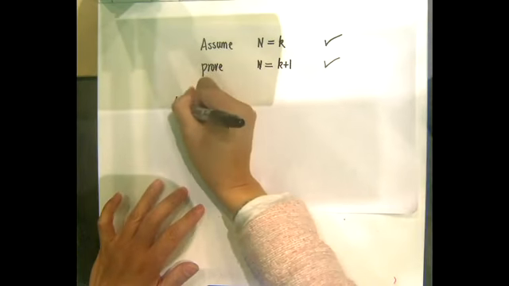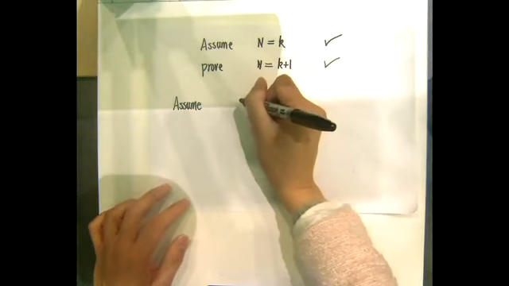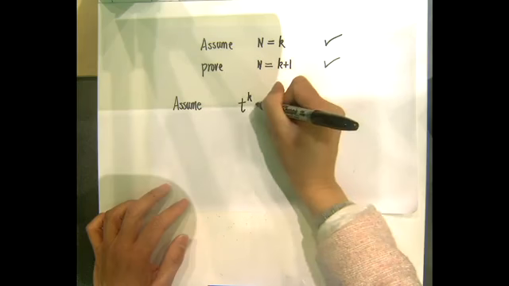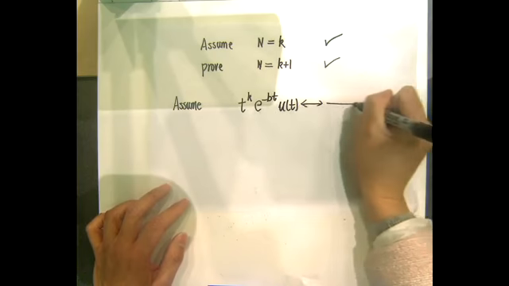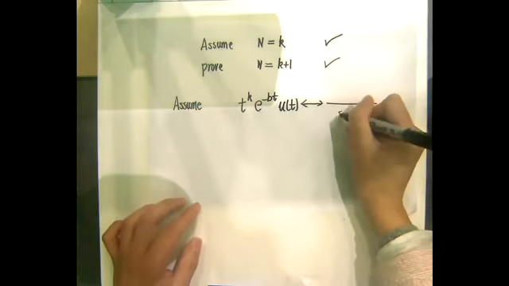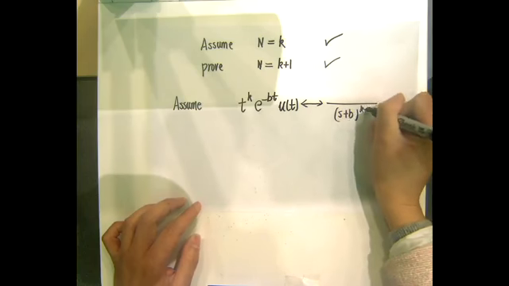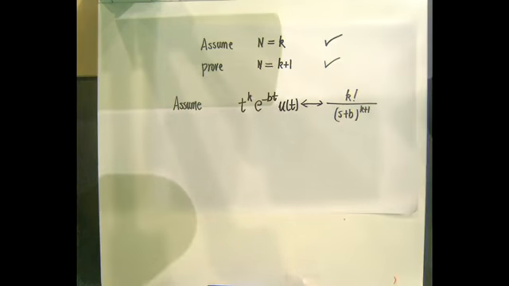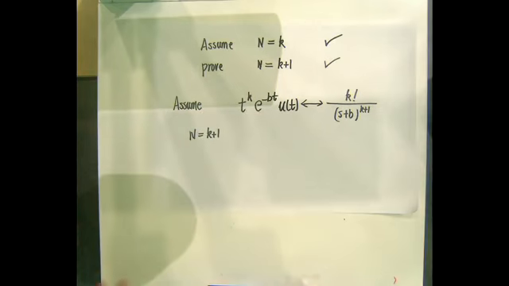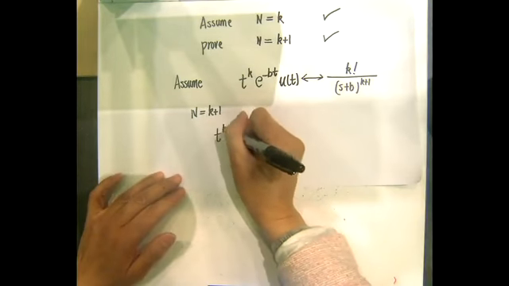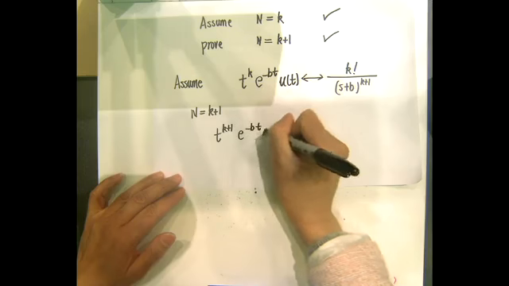And now, let me assume so when N equals K plus 1, okay? What I'm doing is t^(k+1) e^(-bt) u(t).